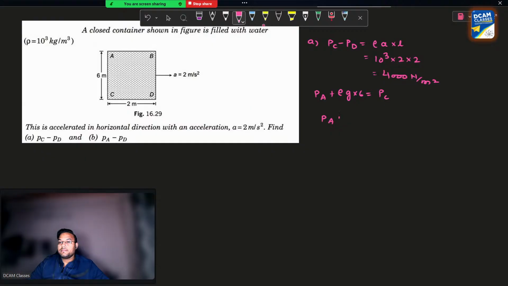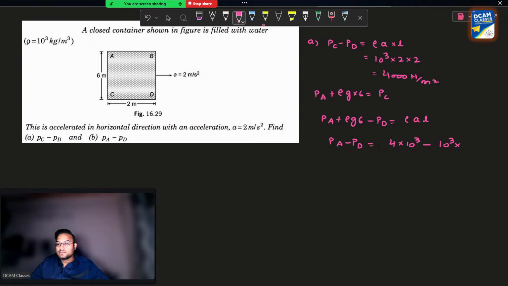PA plus rho G into 6 minus PD is equal to rho into A into L. That's 4000. So PA minus PD will be equal to 4 into 10 power 3 minus 10 power 3 into what value you have taken? 10. G value.